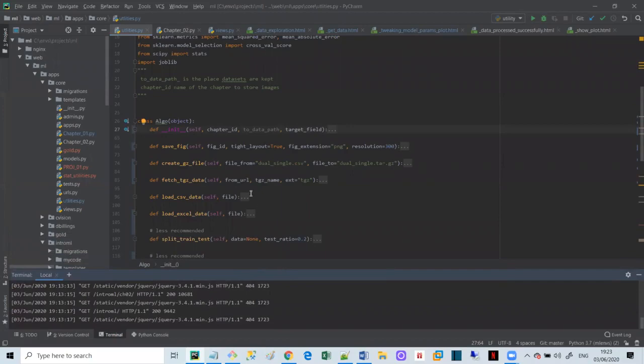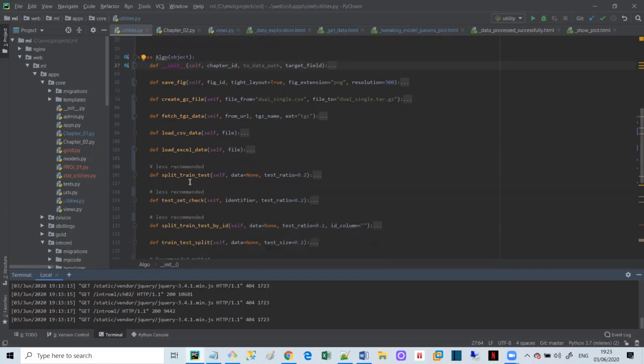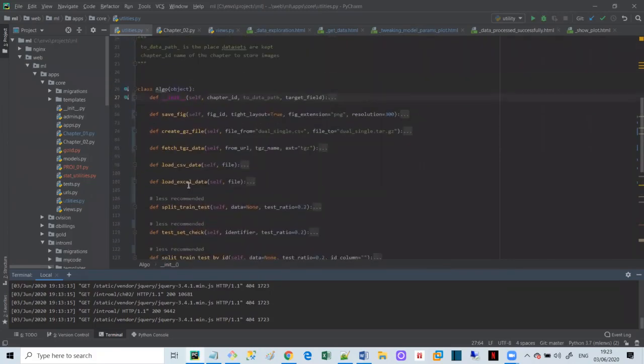I'm not going to test you on the details of each function here that I built for you. I strongly recommend you learn it, but I do require that you understand what each function does, because the way I built those functions, they allow me to perform specific functions. For example, save a figure, it has to do with visualization, we'll get to it in a minute.